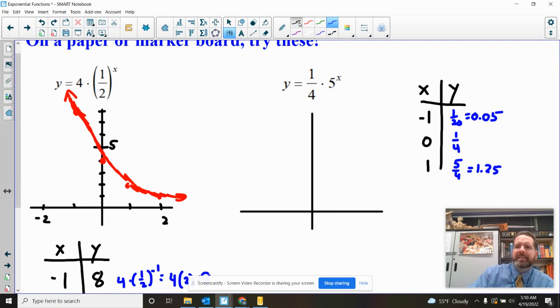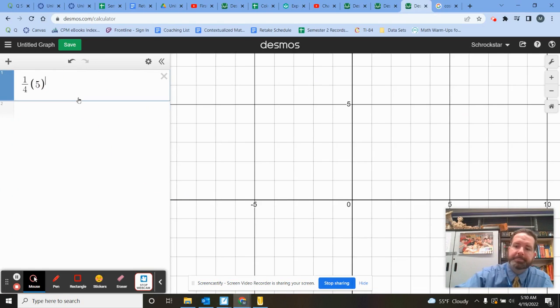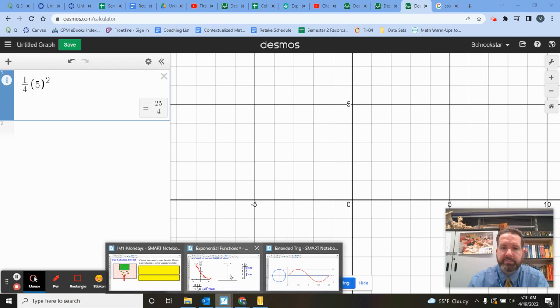And as I'm looking at these numbers, those are all pretty small. I'm going to add one more here, because another point might make it a little easier for me to make sure I'm getting the right overall general shape. So I'm going to do a 2 as well.